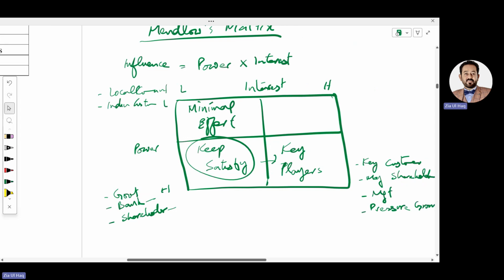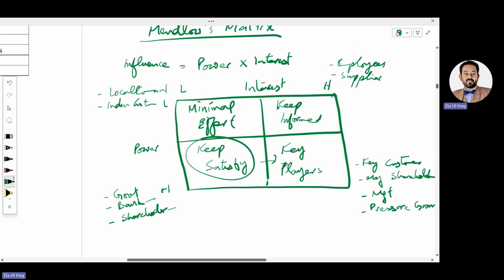Those stakeholders who are having high interest in organization activities, what is going on, how it is going, but having low power to influence, will be called keep informed. Who are they? Employees and suppliers.